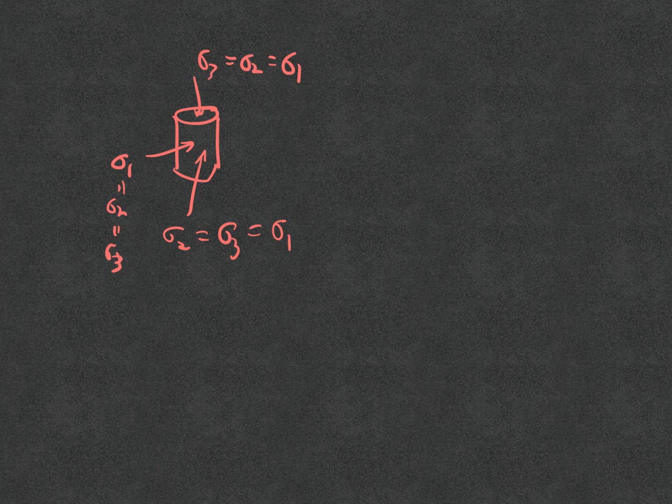So in this case, what is the spectral form? The sigma in this case would actually be just a diagonal tensor, right?